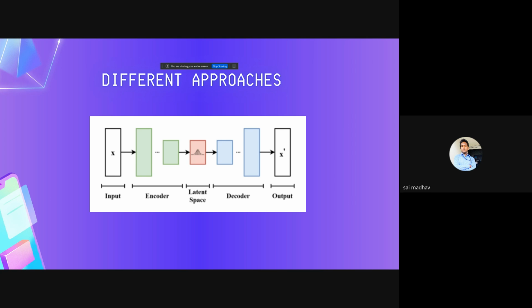Low latent basically means a small number of array states. Once that is achieved, we have a decoder network which will automatically decode that latent space into the original image. This is how it works, from left to right.